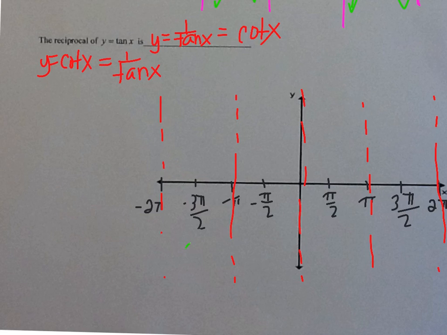All right, so tangent looks like this. So it's going up. Remember, it's approaching the asymptote but won't cross it. So it looks like that. So that is cotangent of x. It's the reciprocal of tangent.